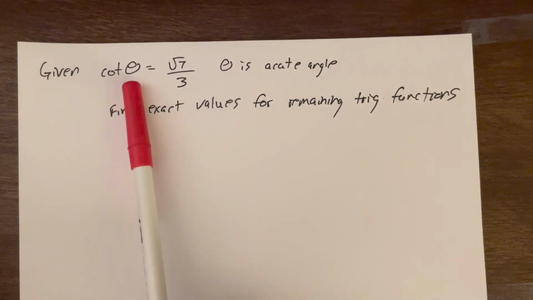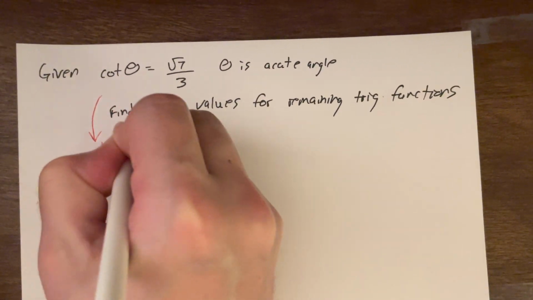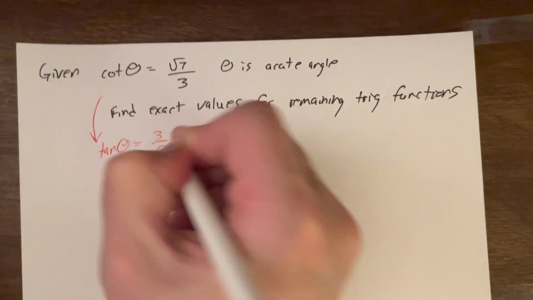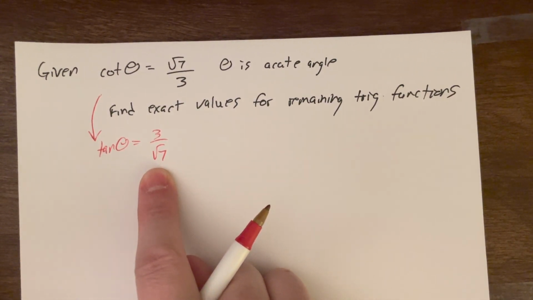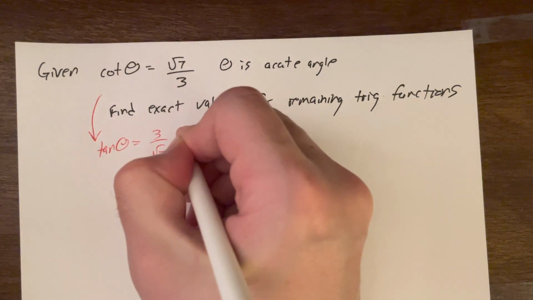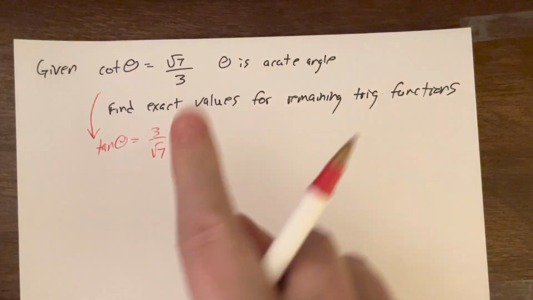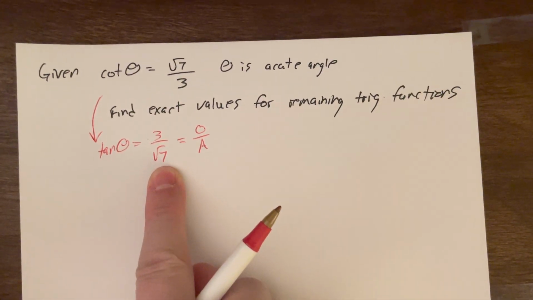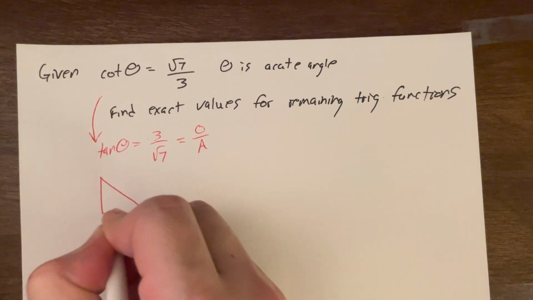So with that as your starting spot, then we equally know tangent of theta is 3 over radical 7. Now, when I get to my final answers, I'll clean that up some, but for just making the right triangle, use that. That means 3 is the opposite side, radical 7 is the adjacent side, so I can make a right triangle.